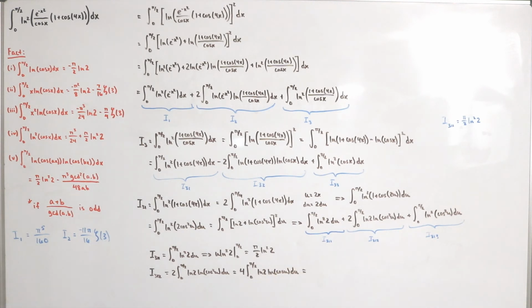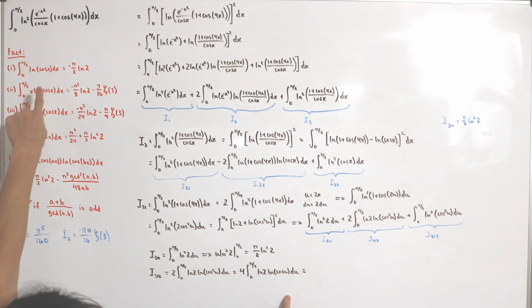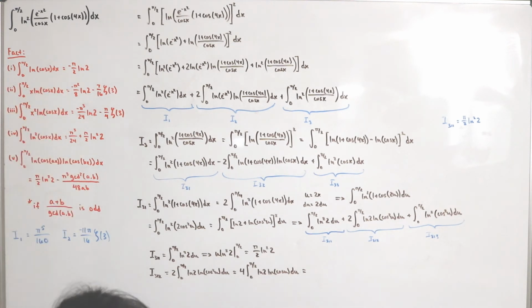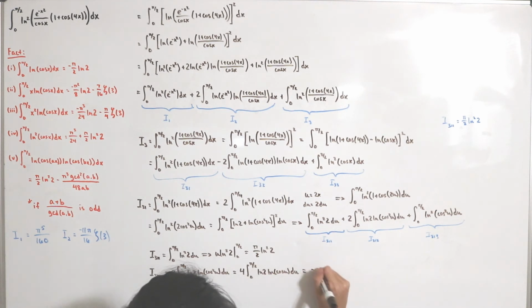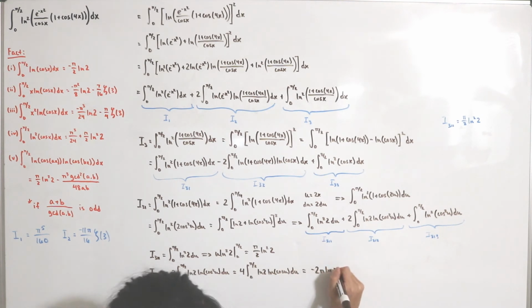Ln of 2 is just a constant, and we can also use the property that the integral of ln of cosine of x dx is equal to negative pi over 2 multiplied by ln of 2. When we simplify this out, we get negative 2 pi ln squared 2.